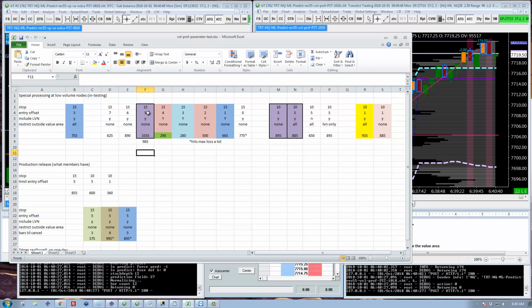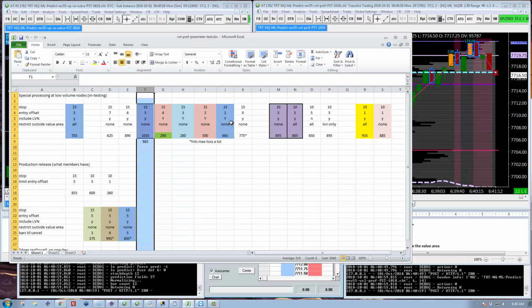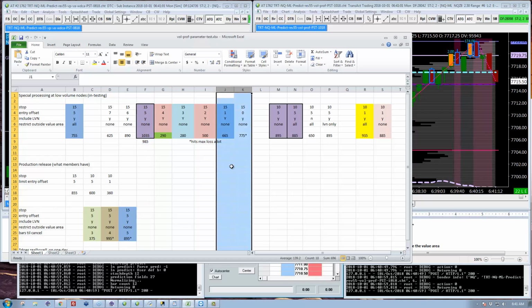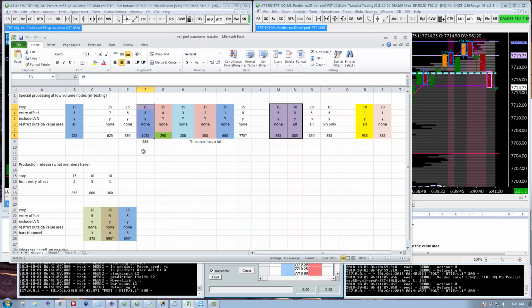So I think your choices are between here and here or here, and it's a function of your personality. If you go this route here, which is what I'm doing today, then let me make that green.